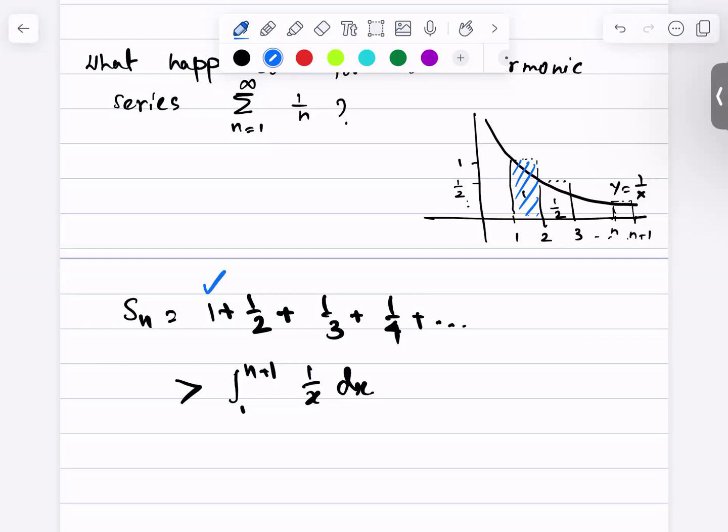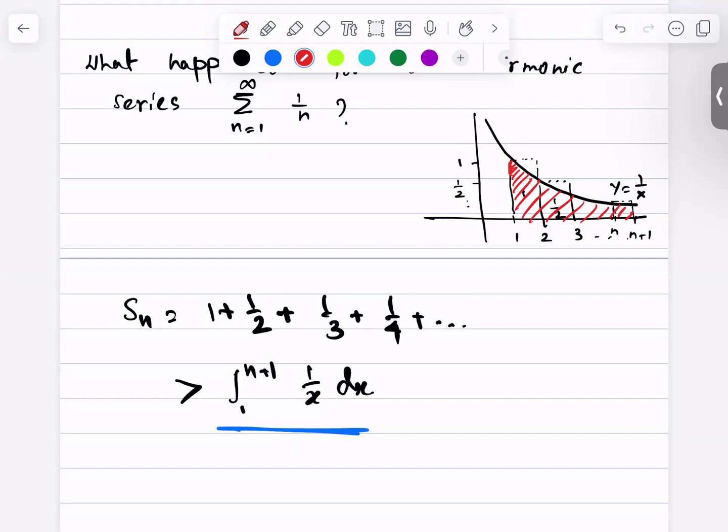Then if I take the height half and width 1 again, that will be the area half, representing the second number, and so on, along with the graph. But when you consider this integration, it starts from 1 to n plus 1. So it starts from here. So that integration is basically this area, this red shaded region.